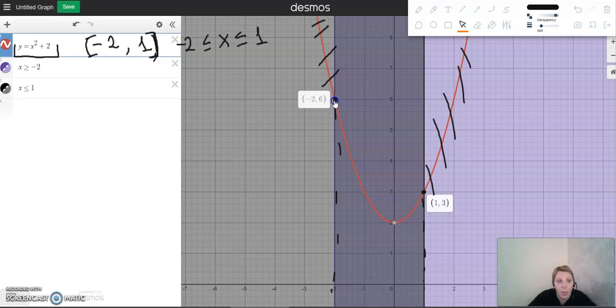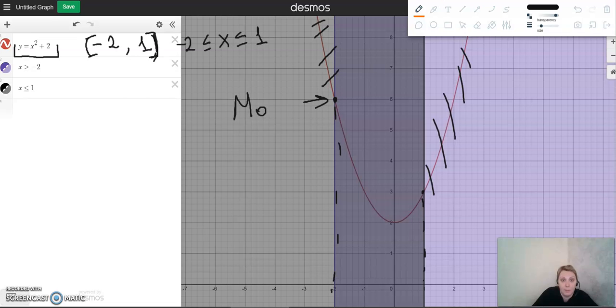It's the edge of my interval, but it's not always the case that the edge of the interval is going to be the highest point. So this point over here, this is my max. Now, if I'm talking about the max, am I talking about x values or y values? Well, let's think. We're judging max based on its y values. So you can say that your max is at the point negative 2, 6.